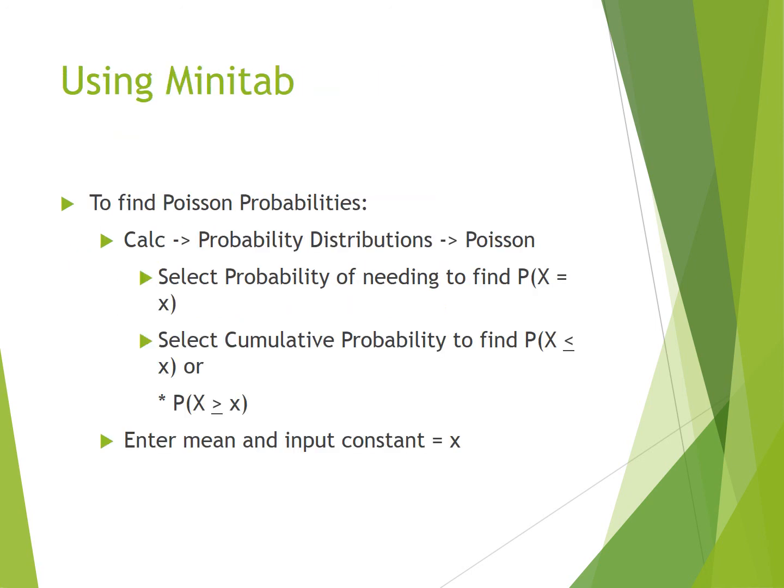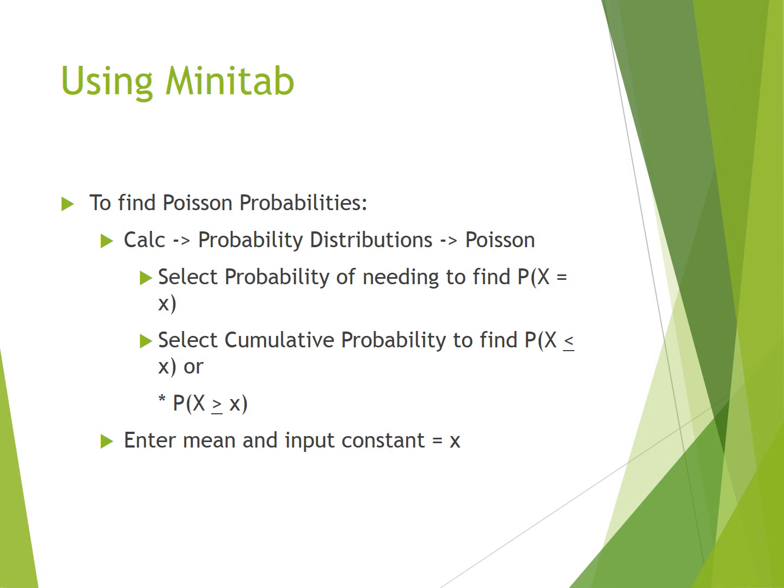Now we're going to use Minitab, not that formula. To find the Poisson probabilities, we're going to go to Calc and Probability Distributions. That menu drops down where we found binomial. Someplace in the center near binomial is the word Poisson. Click on Poisson, and you're going to have the same type of box that opened up whenever you did binomial.